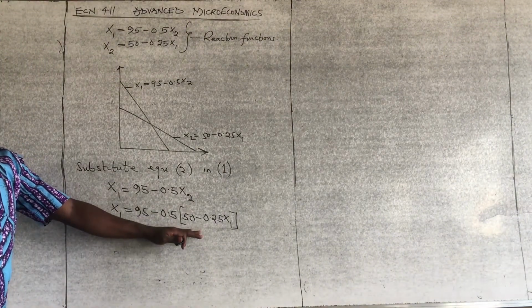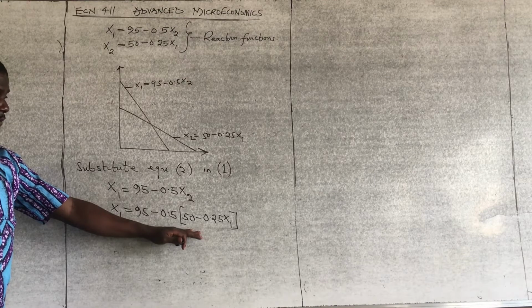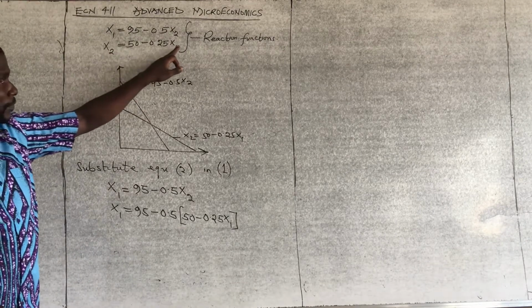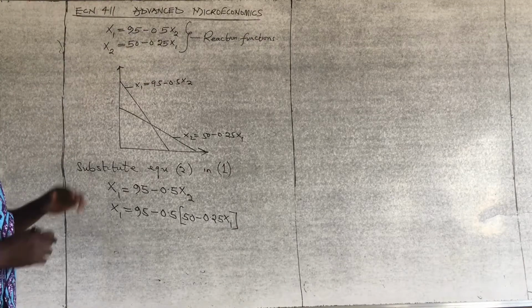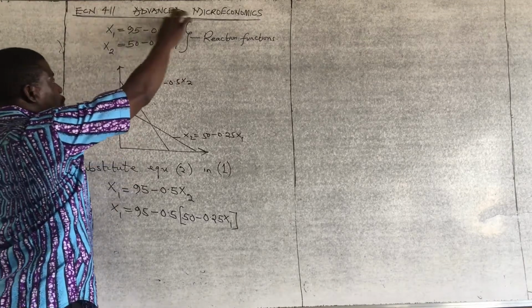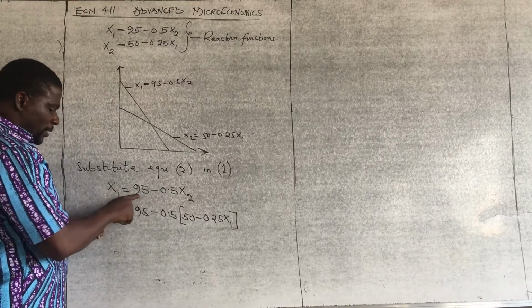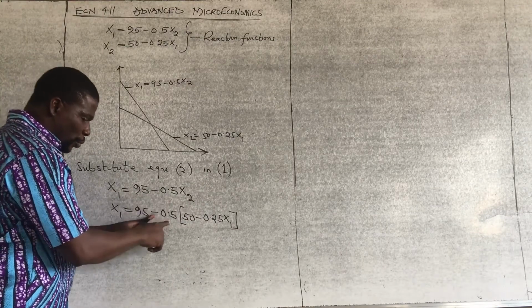Is it 0.25x1 by x2? No, you know this is our x2. That's solving for x1. See, this is x1, I wrote it out. And now put x1, 95 minus 0.5.